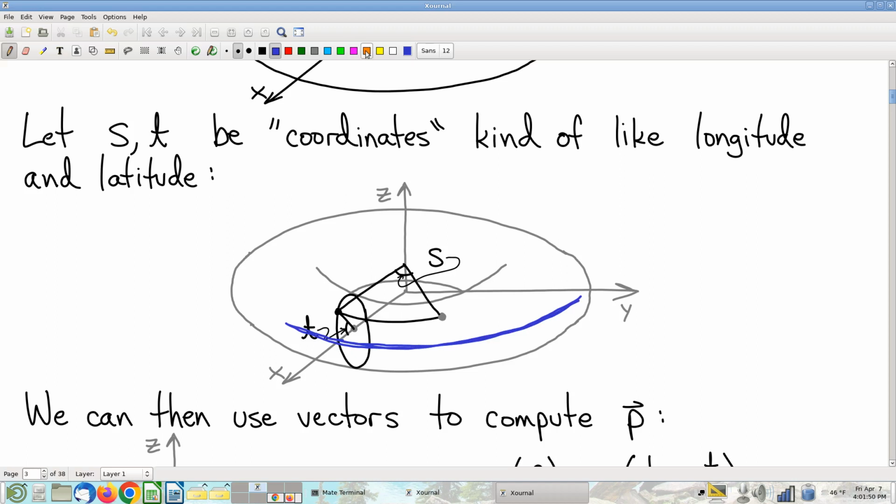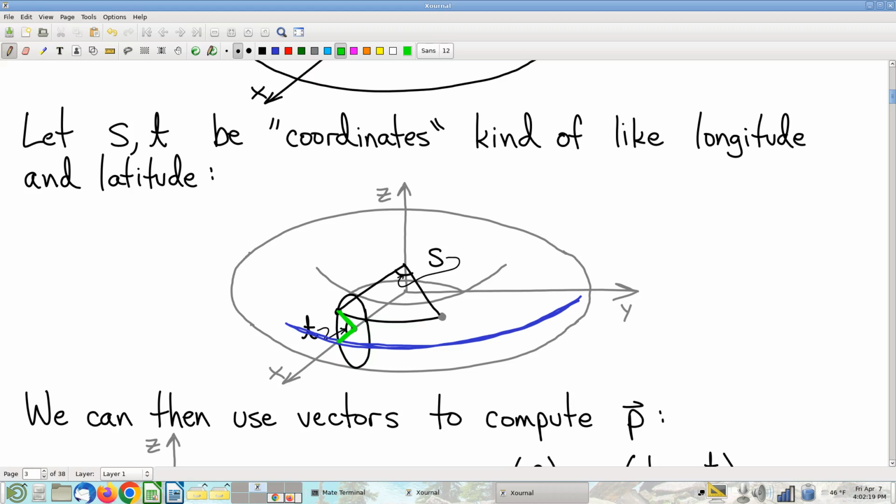And there's going to be an angle here, kind of like latitude, that says how much of an angle, starting at the equator, if you will, how much do you have to rotate up around the handle of the donut to get to where you are?